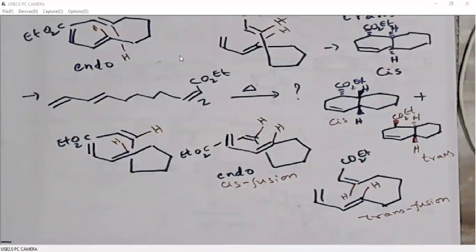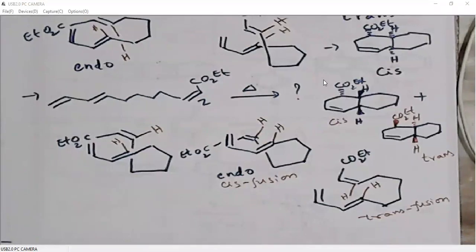I would like to add one more point here. As I said, in intramolecular Diels-Alder reactions, there may be endo product as well as exo product, but you always go for the endo product. So far I have written both the endo product as well as the exo product.